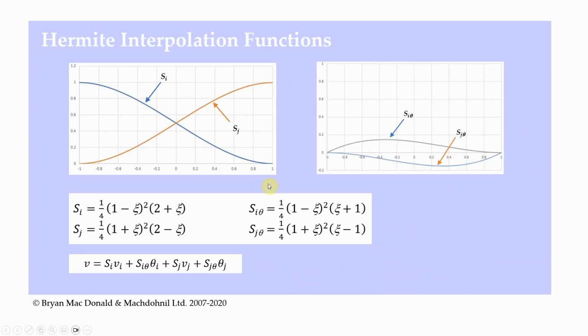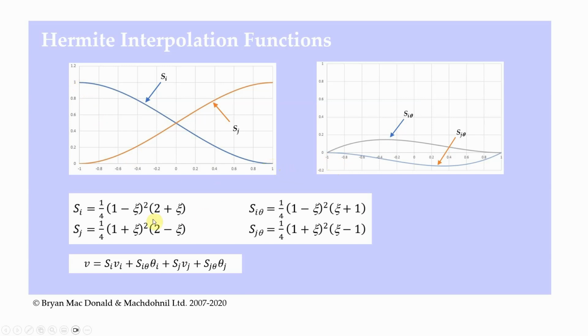So if we look at the Hermite shape functions, you'll see that we have 4 of them. We have an SI and an SI theta and an SJ and an SJ theta. So one shape function is describing the vertical displacement, and the other shape function is basically describing the change in slope. And you'll see that again they have the same properties. So SI has a value of 1 at its own node and a value of 0 at the other node.